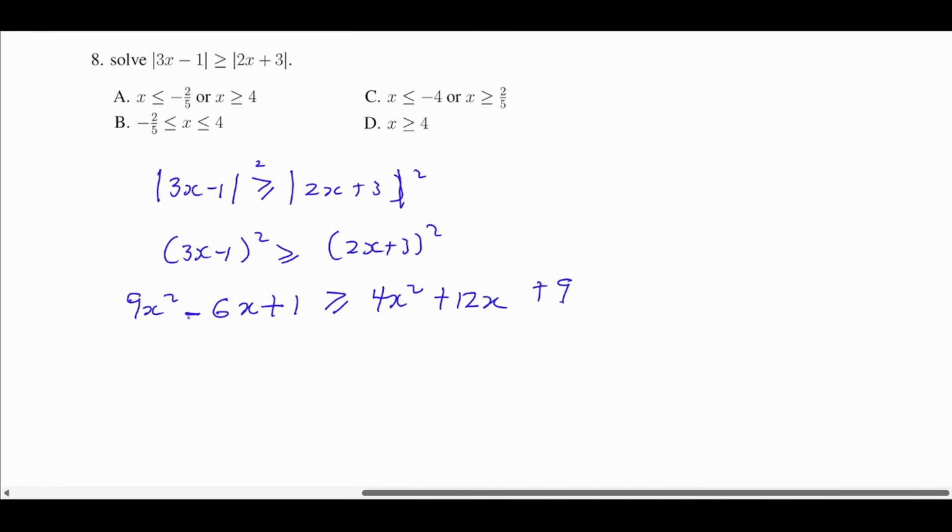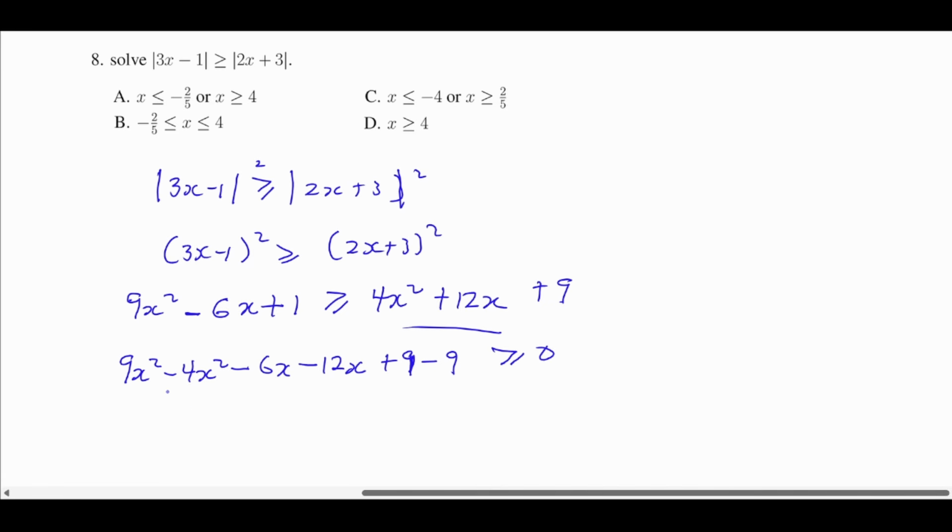So we group across, then we have x, 4x, then minus 6x, then we have plus 9 minus 1, minus 9, sorry. It should be greater than or equal to 0.